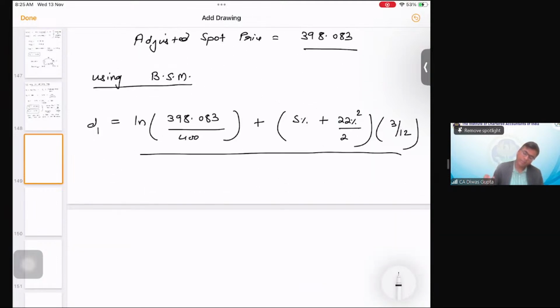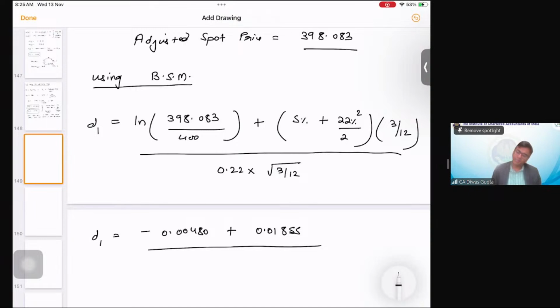This whole divided by 0.22 into root of 3 by 12 students. So D1 is equal to minus 0.00480 plus 0.01855 divided by 0.11, which is equal to 0.125.